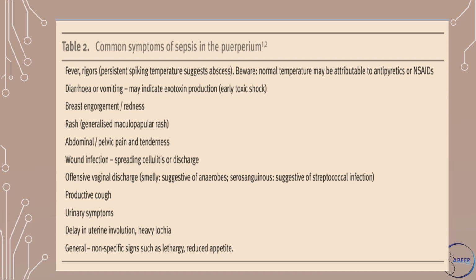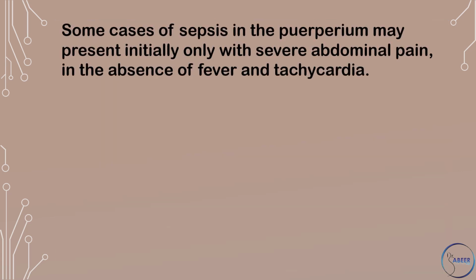Productive cough, urinary symptoms, delay in uterine involution, heavy lochia, general non-specific signs such as lethargy and reduced appetite. Some cases of sepsis in the puerperium may present initially only with severe abdominal pain in the absence of fever and tachycardia.